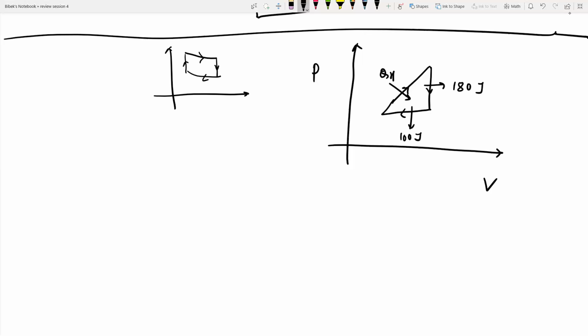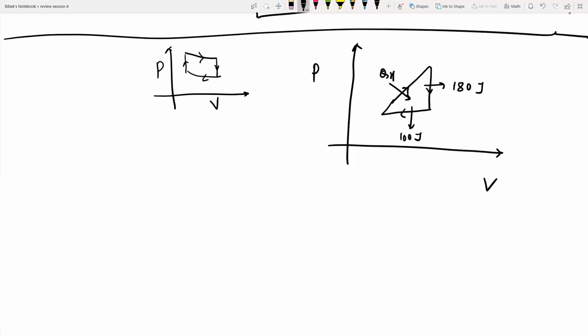These engines ideally have this kind of cycle, but this is a different kind of engine. We don't know if it's practically realizable or not, but we're asked the problem.